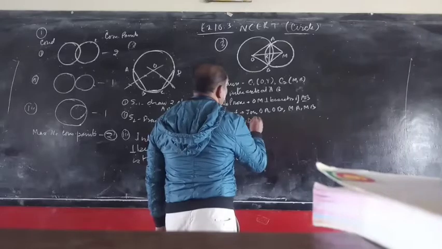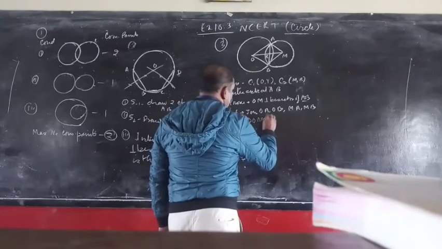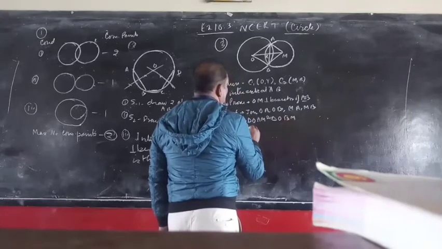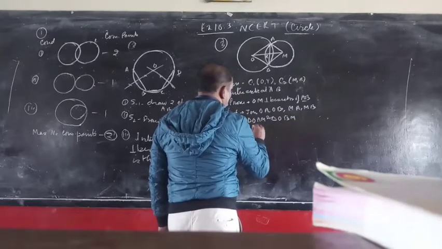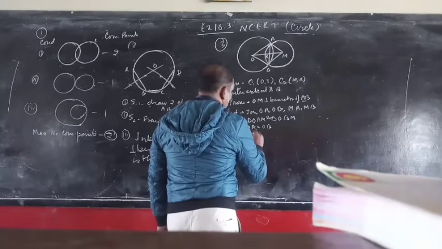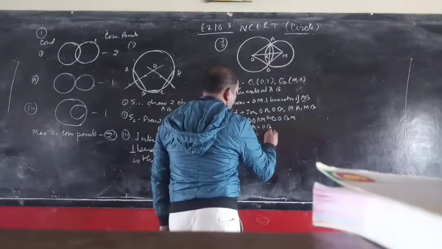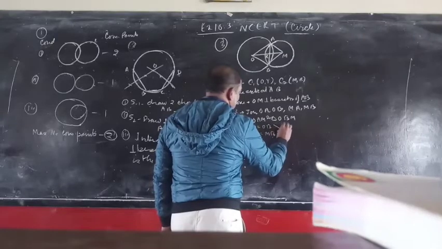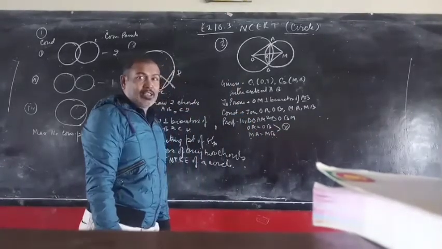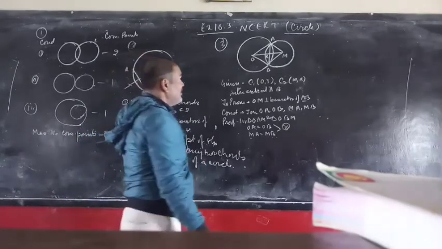In triangle OAM and triangle OBM, here OA is equal to OB and MA is equal to MB. Why? What is the reason? They are radii of their respective circles.